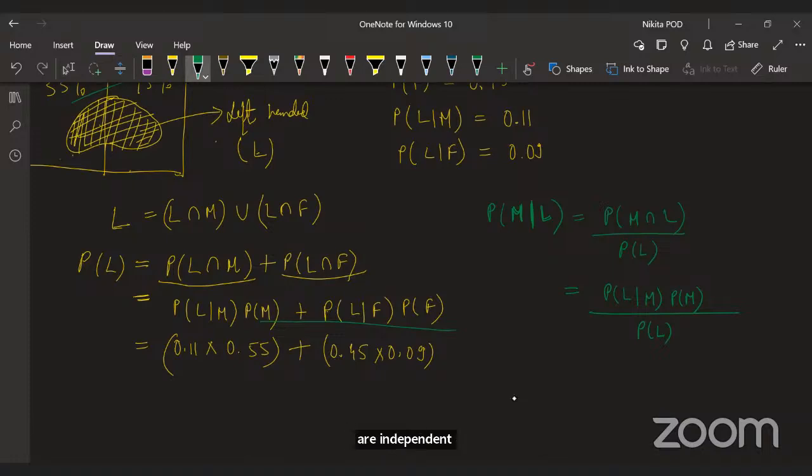In that case, the probability of L given M is just the probability of L, because a person being left-handed is not at all depending on male or female, right? If we are saying they're all independent, then you don't have to do this, no?